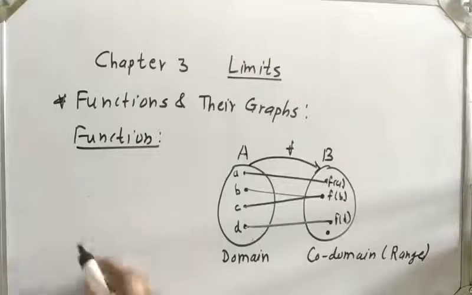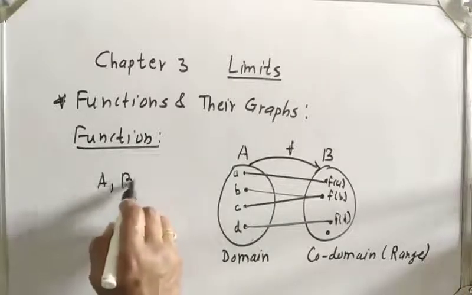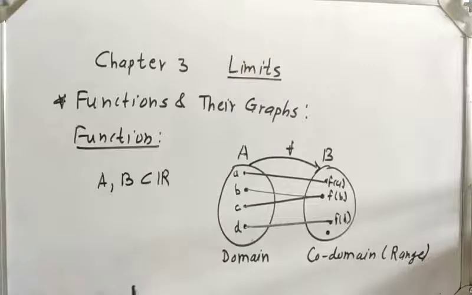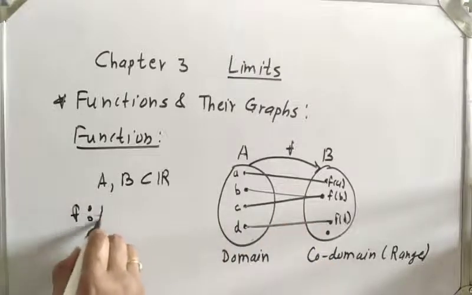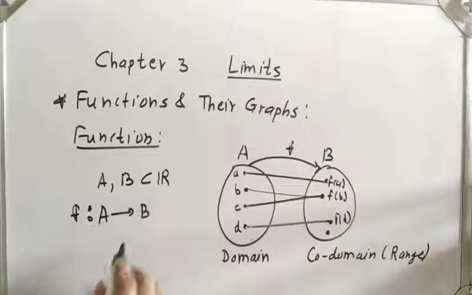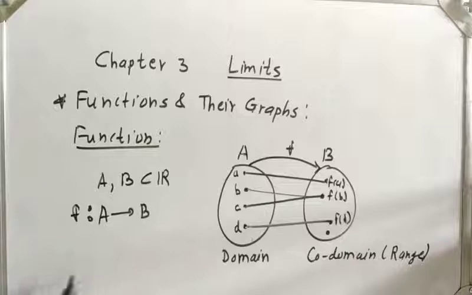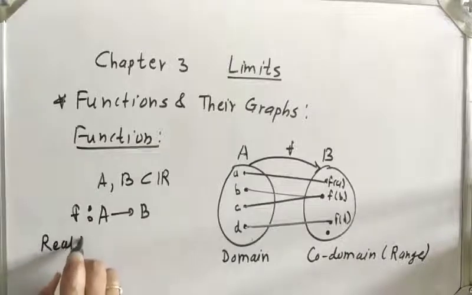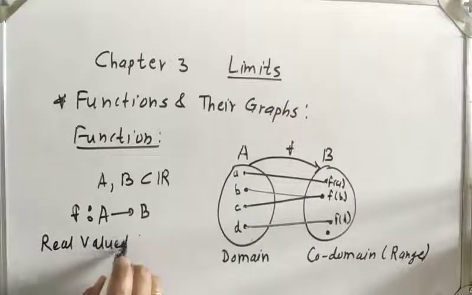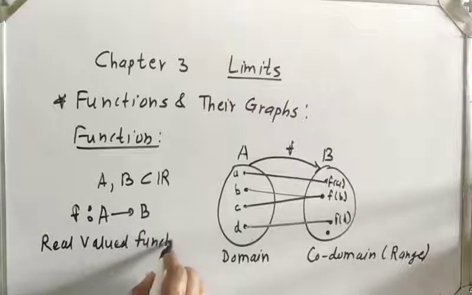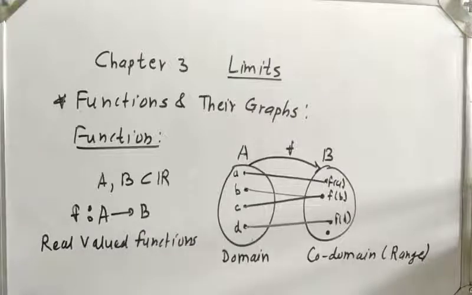Now we are considering A and B as subsets of R. Then such a function is denoted by f from A to B. If A and B are subsets of R, then such functions are called real valued functions.